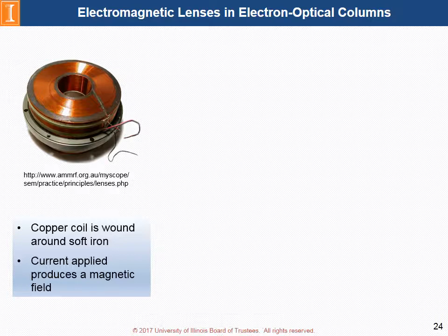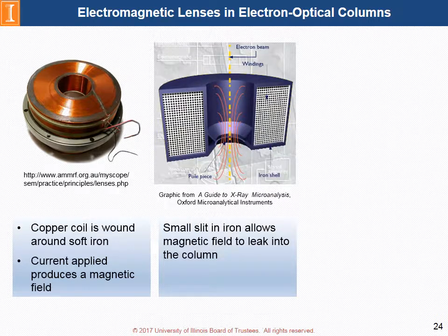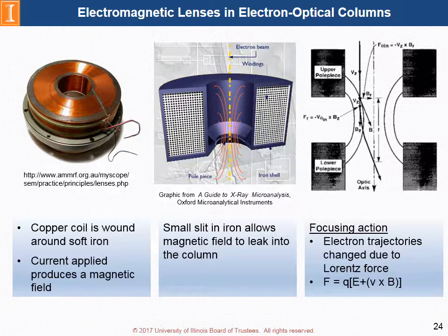Copper coil is wound around soft iron. The current applied through the coil produces a magnetic field. The small slit in the iron allows magnetic field to leak into the column. The focusing action of electrons follows Lorentz force equation.